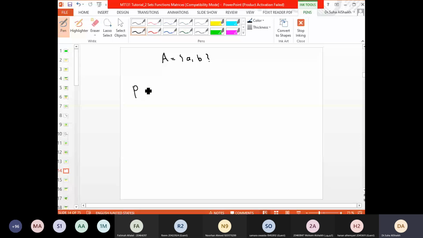We have what we call the power set of A, which is the collection of all subsets of A, all the sets that are part of A. Phi is a part of A. The singleton A is a part. The singleton B is a part. Or I can take A and B together and say this is a part.